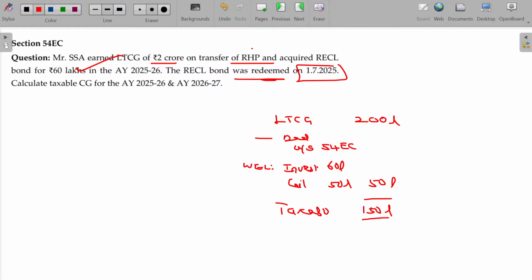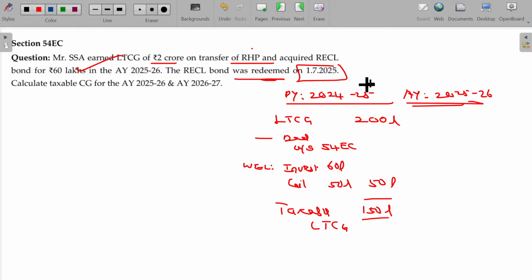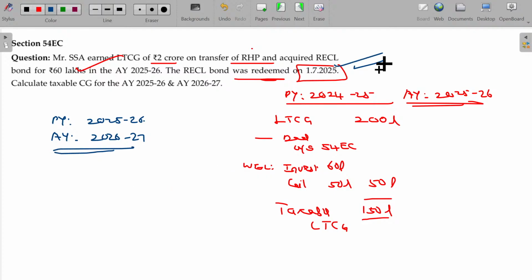Taxable long-term capital gain. In the previous year 24-25, assessment year 25-26. But in the next previous year 25-26, related to the assessment year 26-27, this was redeemed.